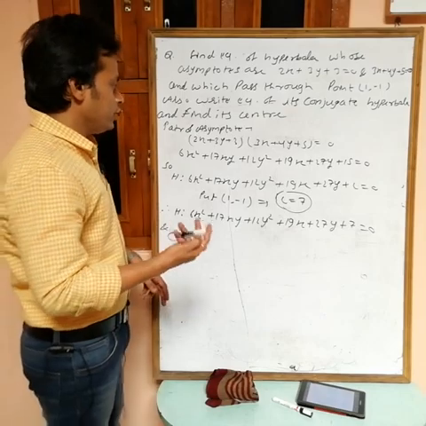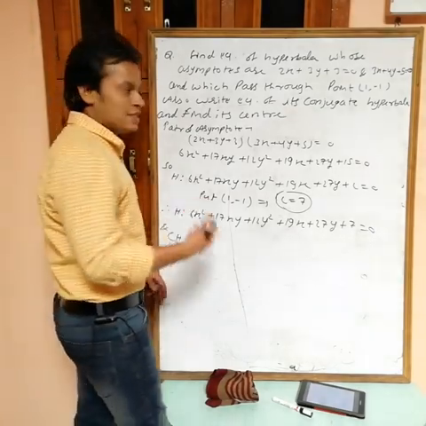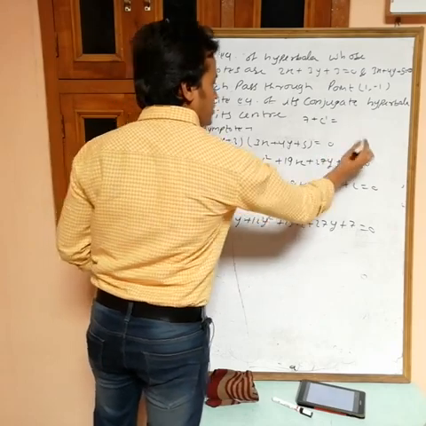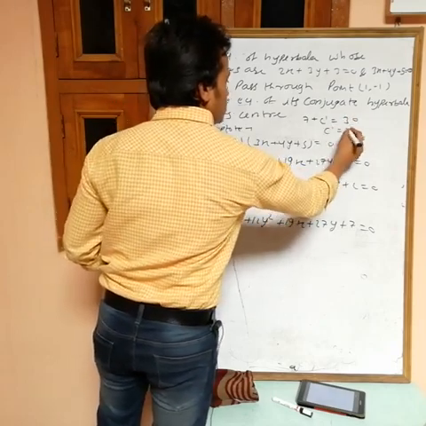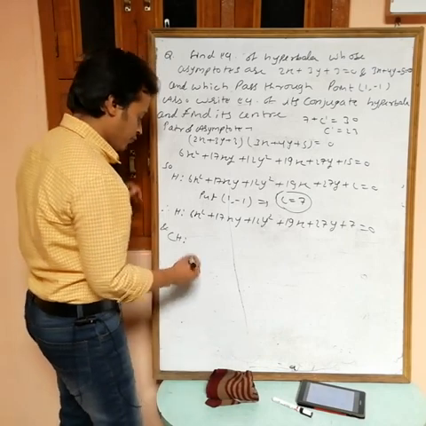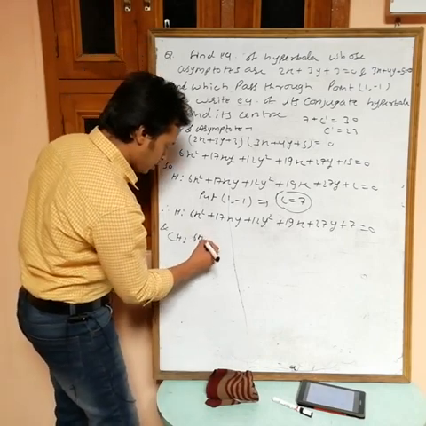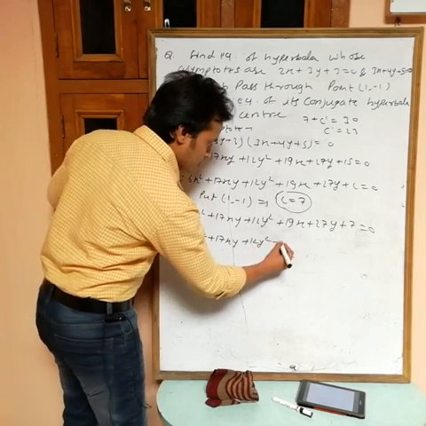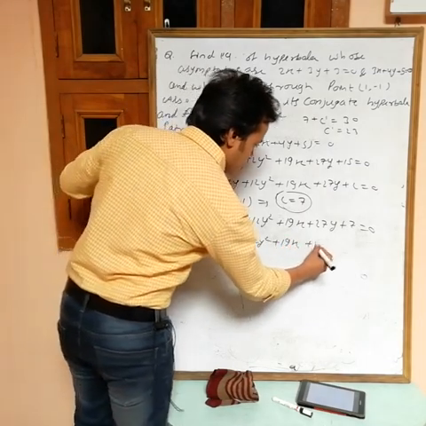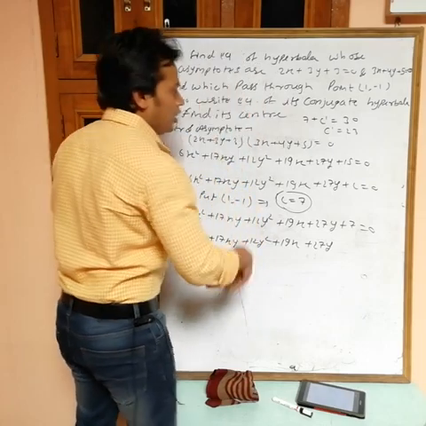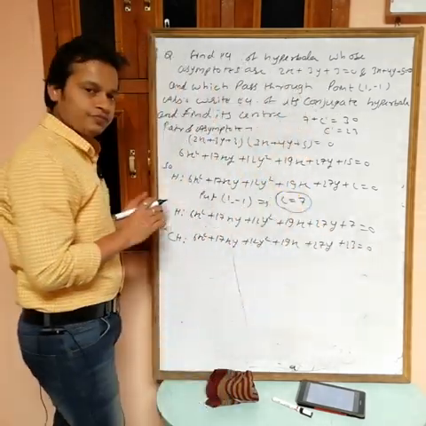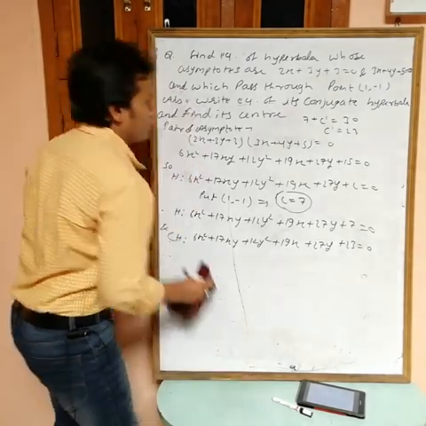Suppose the constant term in the conjugate hyperbola is c dash, so 7 plus c dash must equal twice 15, which is 30, then c dash is 23. Just simple. So the conjugate hyperbola is 6x square plus 17xy plus 12y square plus 19x plus 27y plus 23 equals 0.